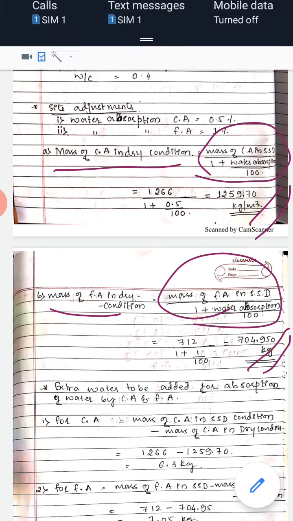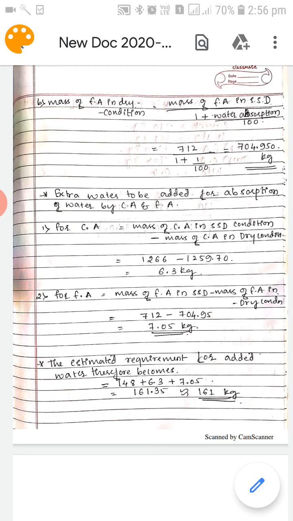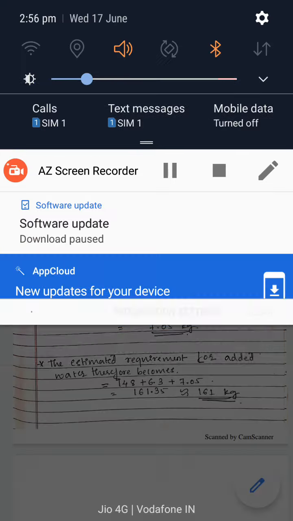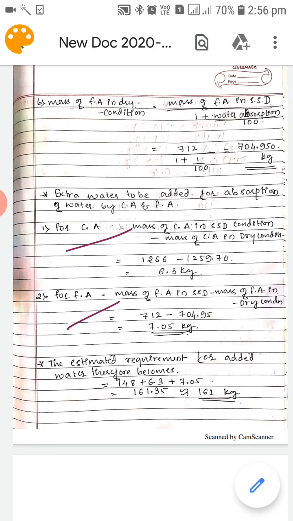Finally, we will deduct the dry mass from the saturated surface dry aggregates, for coarse aggregate and for fine aggregate. So this much is the water quantity that is being absorbed by the coarse aggregate, and this much is the water quantity that will be absorbed by the fine aggregate.